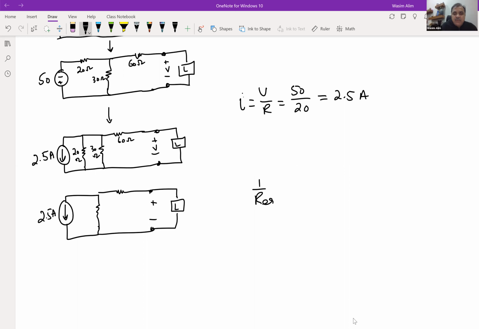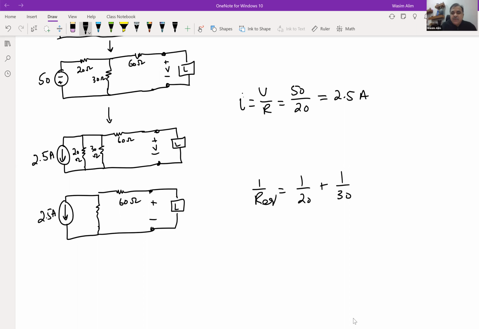So 1 over R equivalent is equal to 1 over 20 plus 1 over 30. Whatever technique you feel comfortable with, you can choose that.